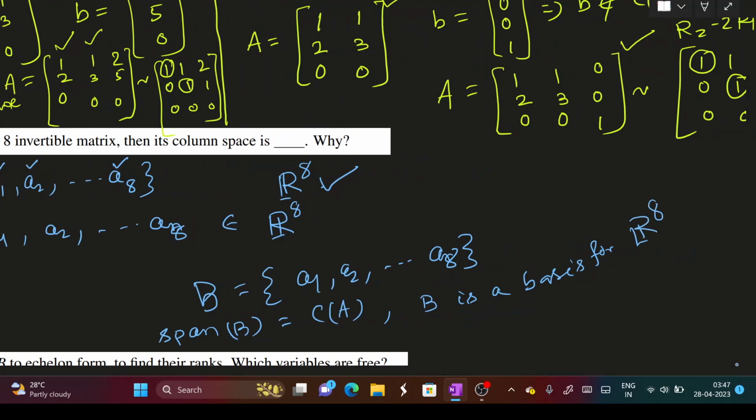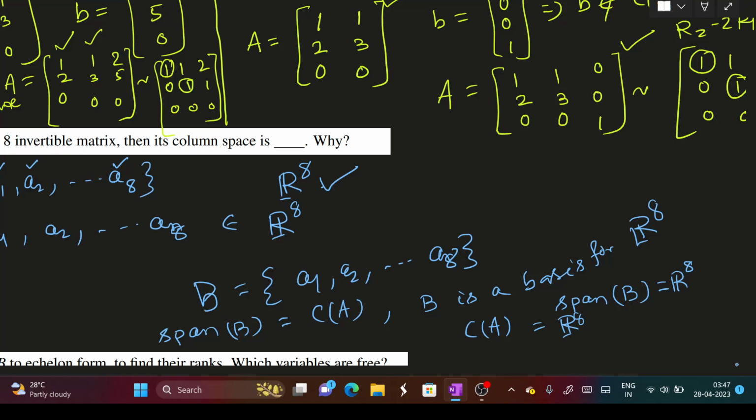So span of B is equal to R to the power 8. So what we get? Span of B is C of A. Span of B is R to the power 8. The same basis cannot span two different vector spaces. So this implies C of A is equal to R to the power 8.